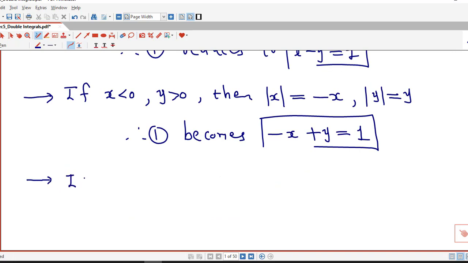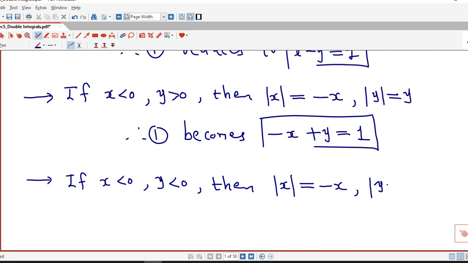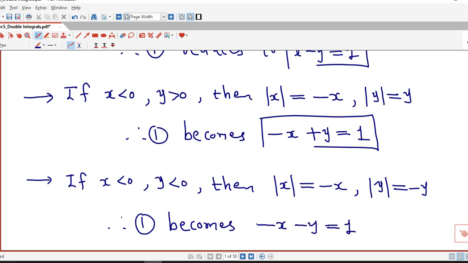And if x is negative and y is also negative, the absolute value of x is minus x and the absolute value of y is minus y. So in this case equation 1 becomes minus x minus y equal to 1.